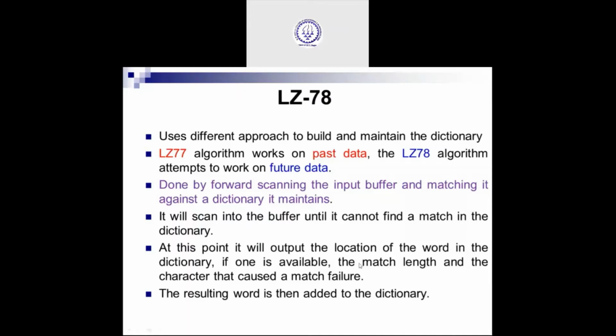At this point, it will output the location of the word in the dictionary if one is available, the match length, and the character that causes the match to fail. The resulting word is then added to the dictionary, right? So a little difference is there between LZ77 and LZ78: LZ77 works on the past data, LZ78 works on the future data.